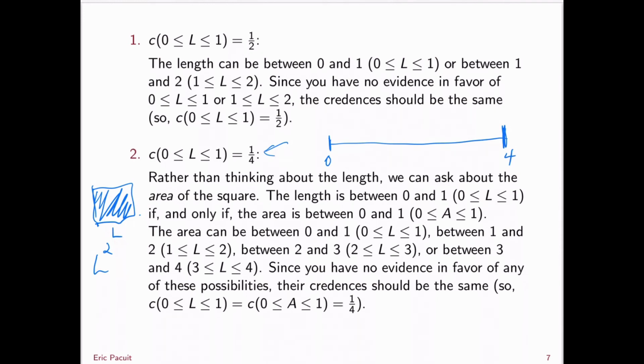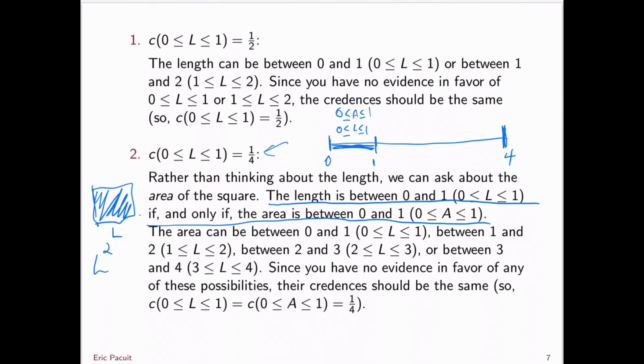Now the key observation is that the length is between 0 and 1 if and only if the area is between 0 and 1. So if the length of my square ranges between 0 and 1, then my area will also range between 0 and 1.